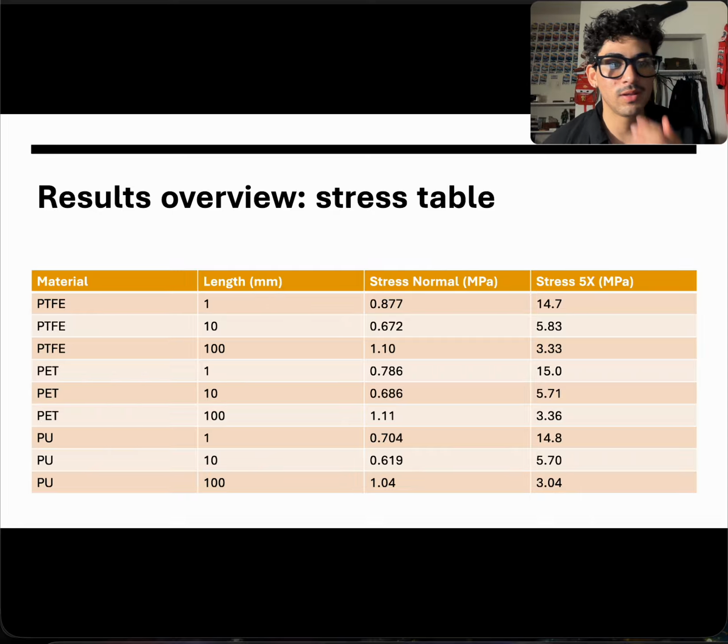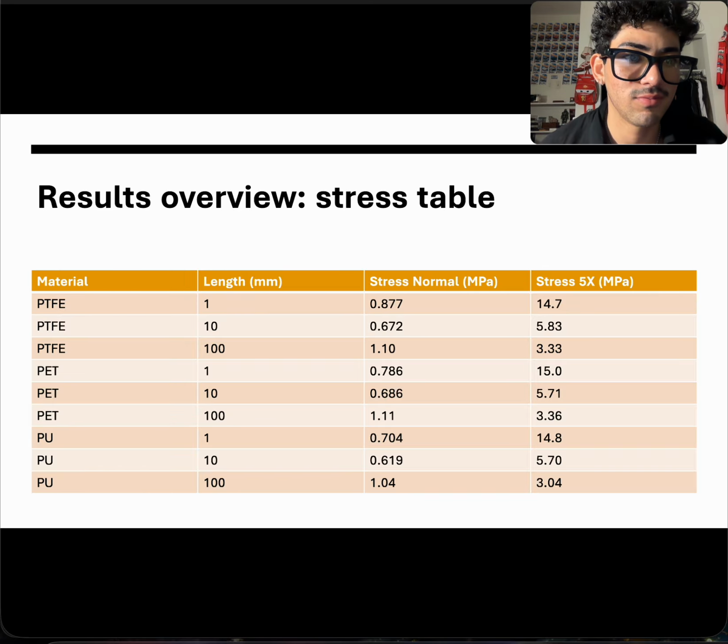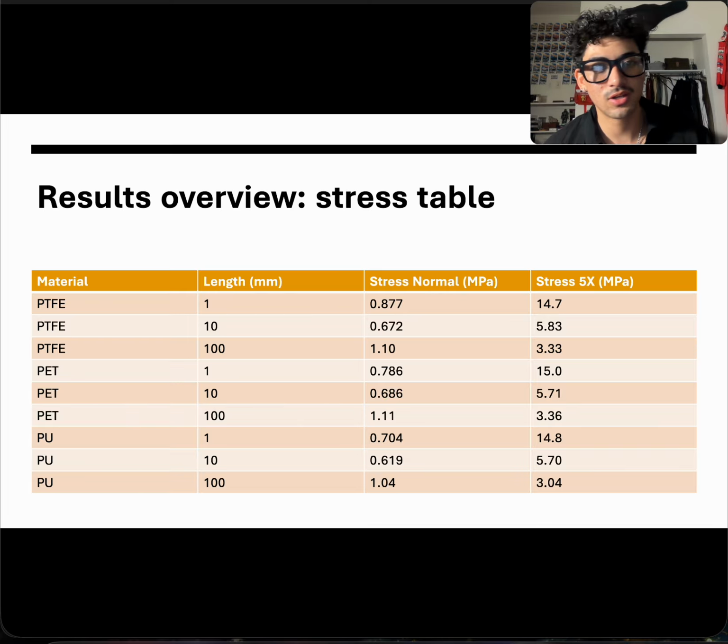The 1 millimeter segments produce the highest stress peaks, around 14 to 15 megapascals across every material. The 10 millimeter segments dropped peak stress into roughly the 5.7 to 5.8 megapascal range. And then the 100 millimeter segments, the largest ones, showed the lowest peak stresses, about 3 to 3.4 megapascals.